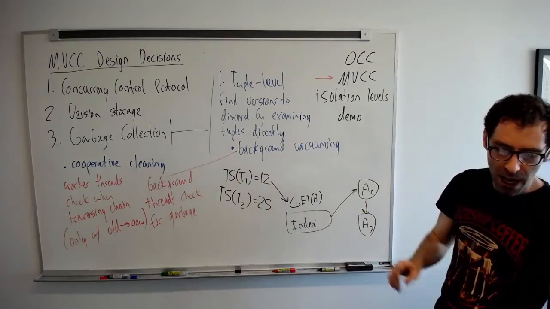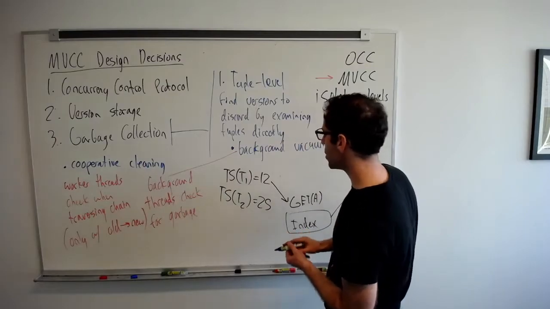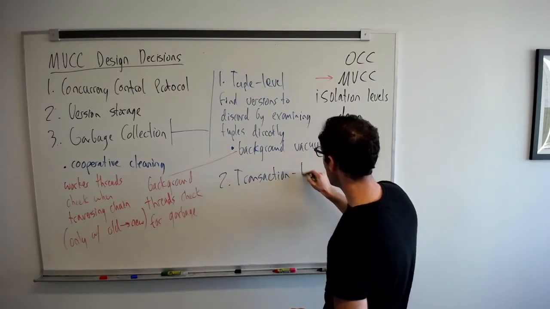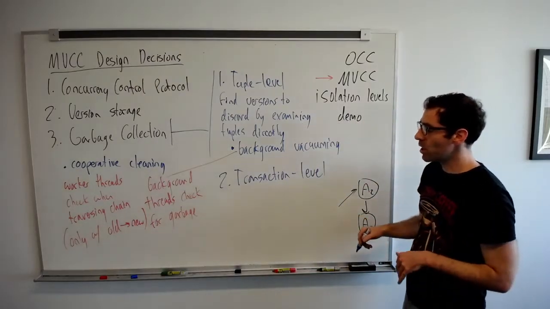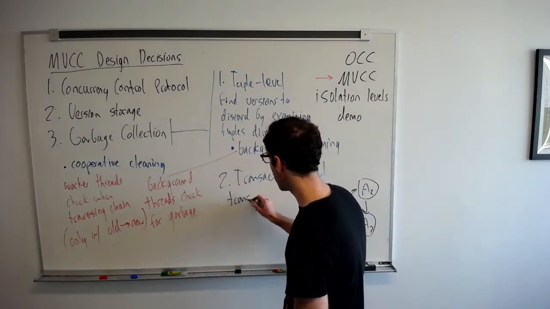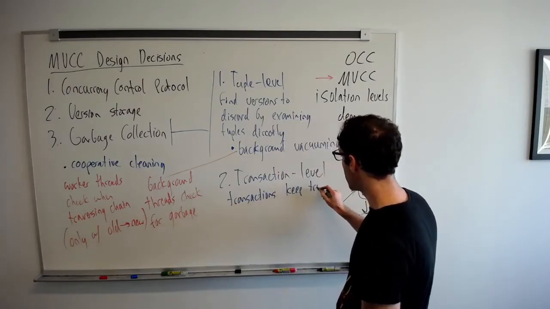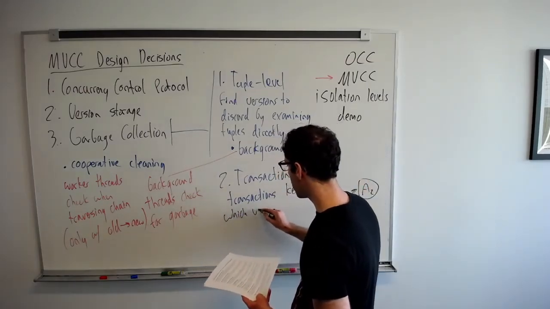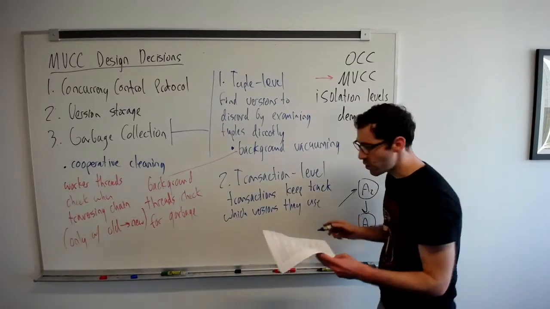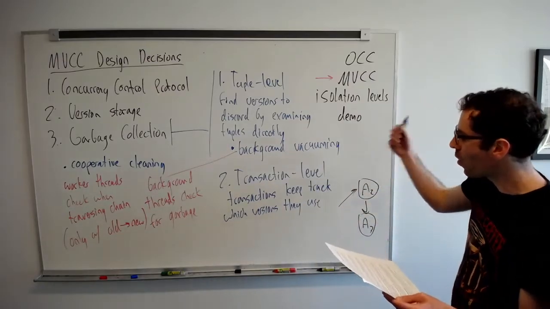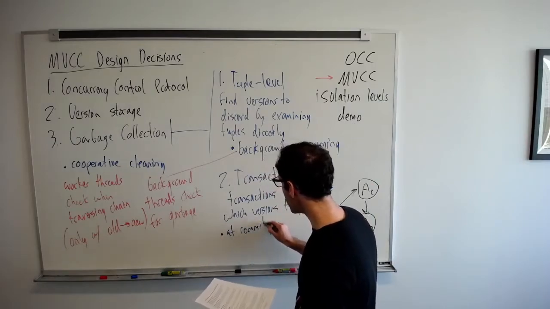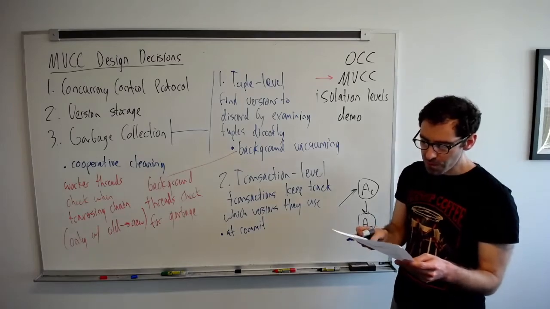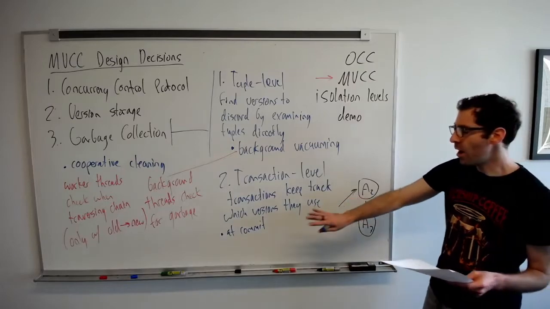of time. I guess the other approach to garbage collection that I should not forget to mention is transaction level garbage collection, and this just says that transactions are going to keep track of which older versions they use, which ones they need, and then at commit, the database system will check, okay, is this the last transaction that is using this particular version?